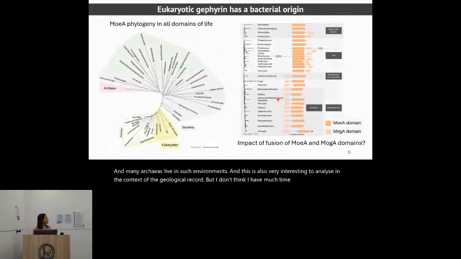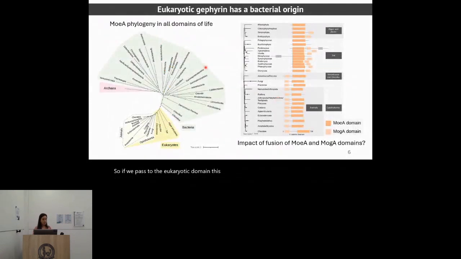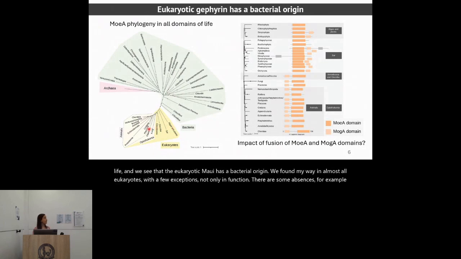So if we pass to the eukaryotic domain, this is a phylogeny of MoeA in all the domains of life, and we see that the eukaryotic MoeA has a bacterial origin. We found MoeA in almost all eukaryotes with a few exceptions. Notably, in fungi there are some absences, for example in Saccharomyces cerevisiae, the model organism, and we don't know exactly what this means.